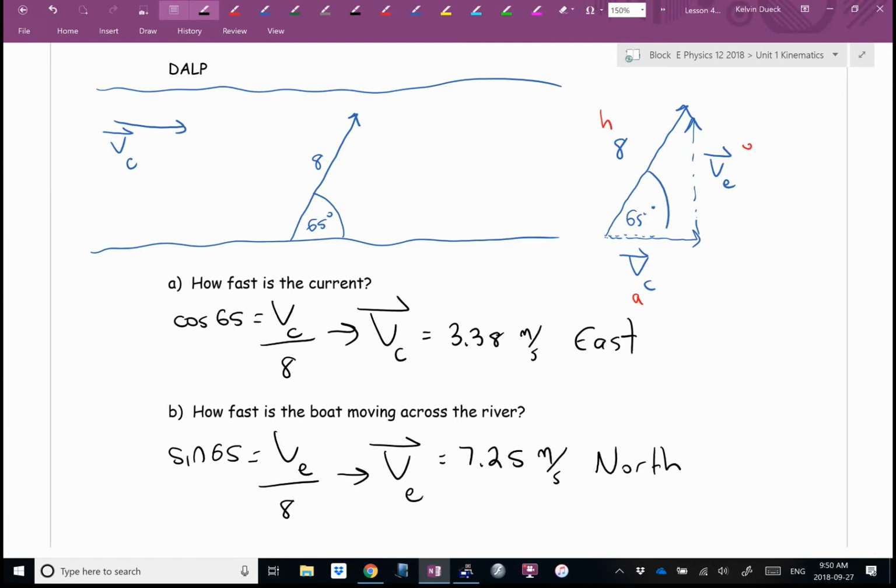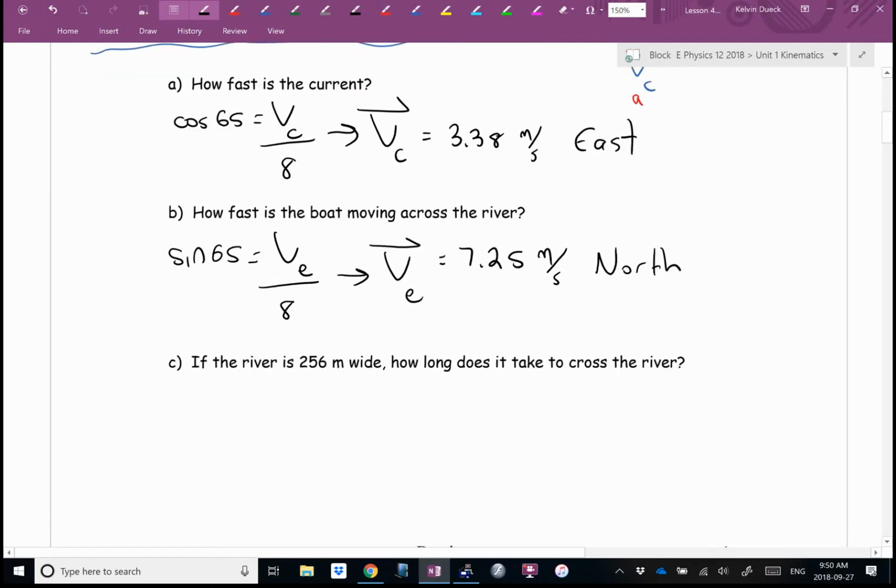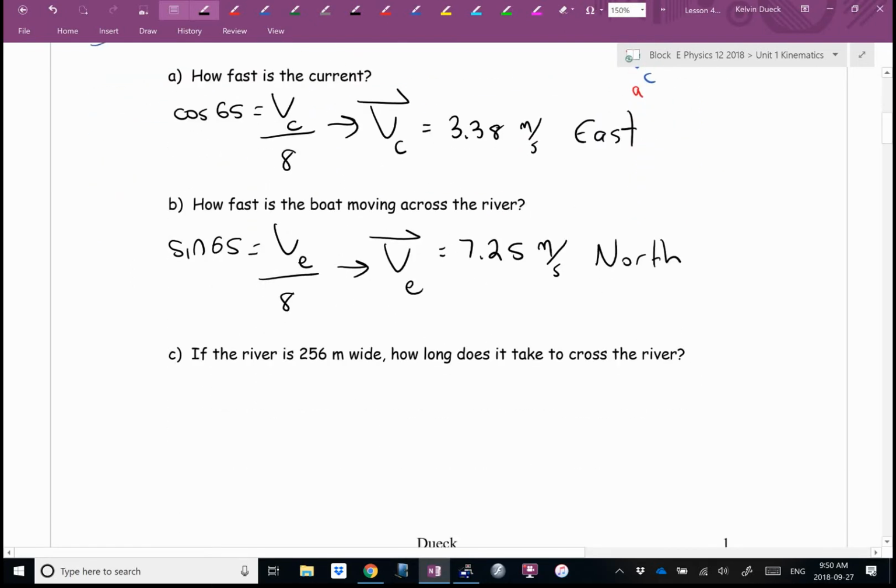Now we can answer some questions. If the river is 256 meters wide, how long does it take to cross the river? What's this asking me to find? Well, let's write down T equals question mark.